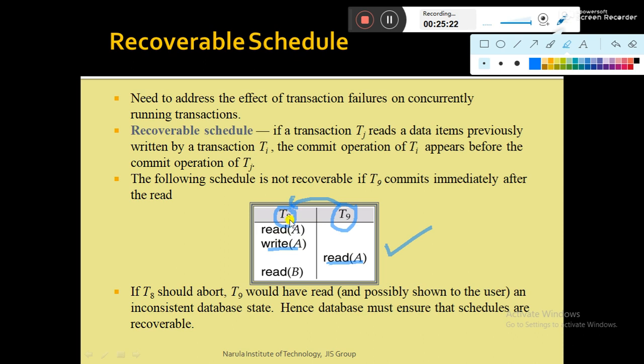That means whatever update T8 made on data item A, the same value is going to be read by T9. That is why T9 is dependent on T8. And if that kind of dependency exists in a concurrent schedule, then we have to concentrate on how to handle transaction failure.